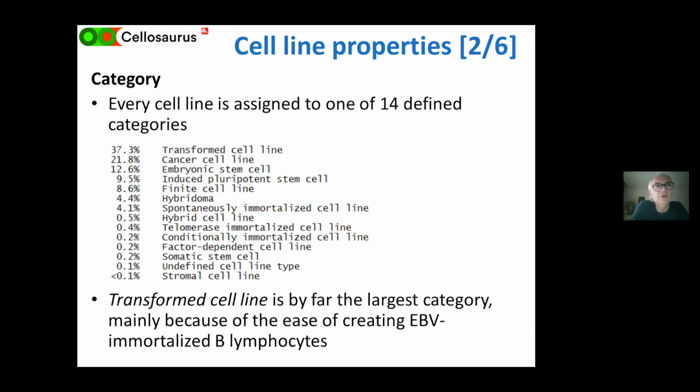So this is used a lot for genetic disease cell lines, where it's easy to do this. But you see cancer cell lines come second, and induced pluripotent stem cells are growing quite rapidly because people are developing more and more iPSCs for a lot of different applications.